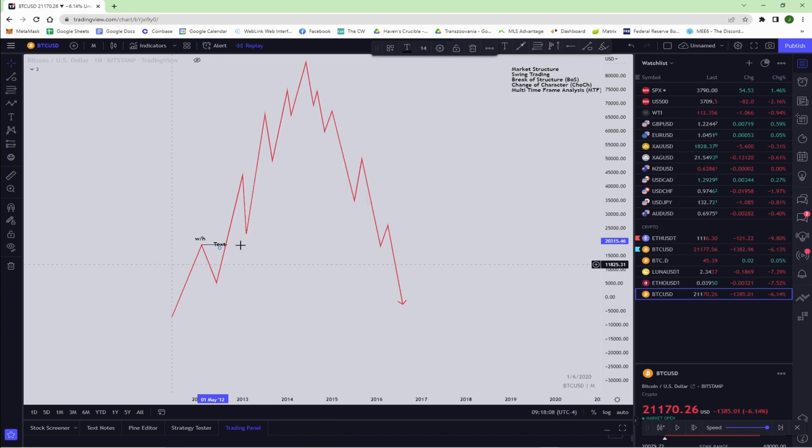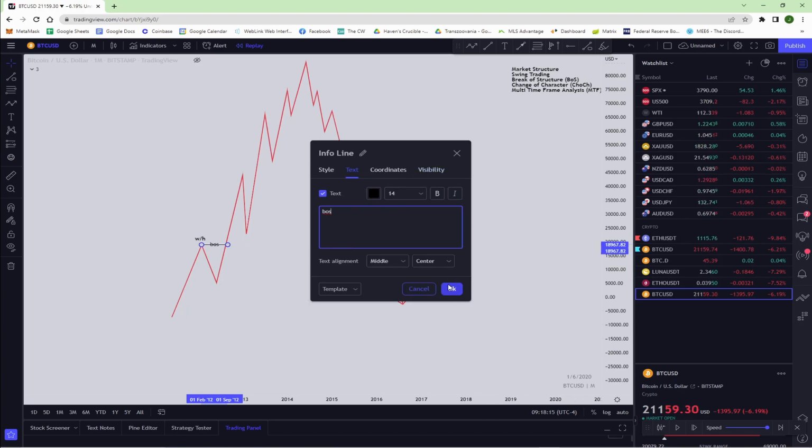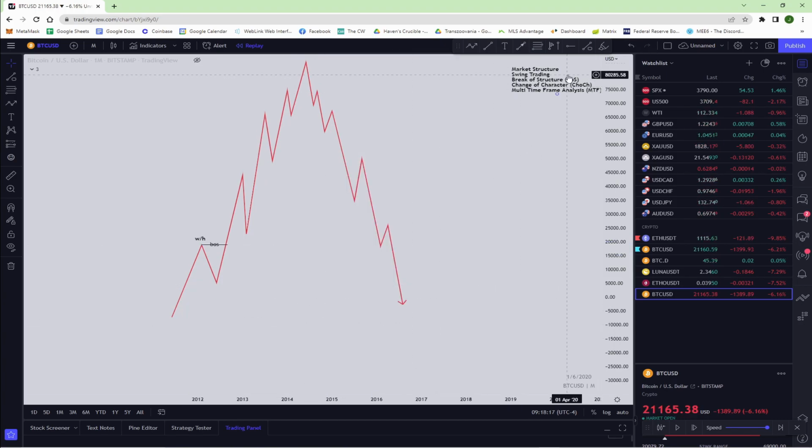Let me put that right on there. Break of structure, otherwise known as a BOS. Who's the boss, right? Once we get a break of structure, we now have a target for a low, which is right here. This now becomes a strong low.